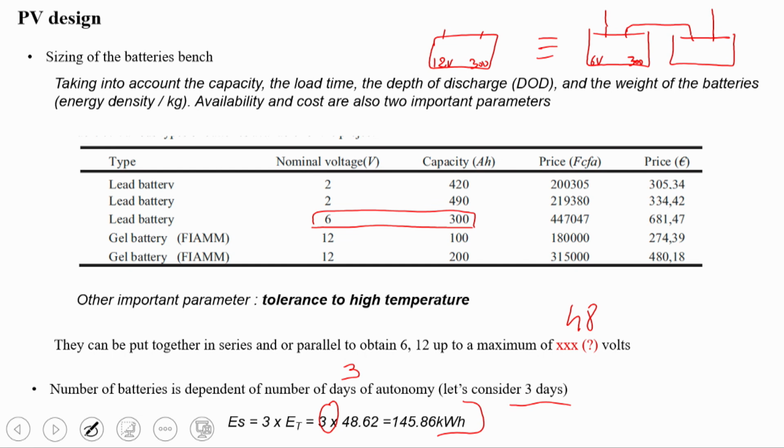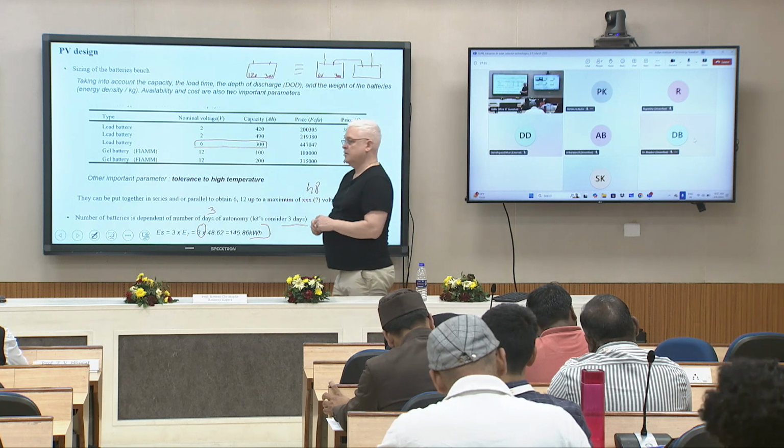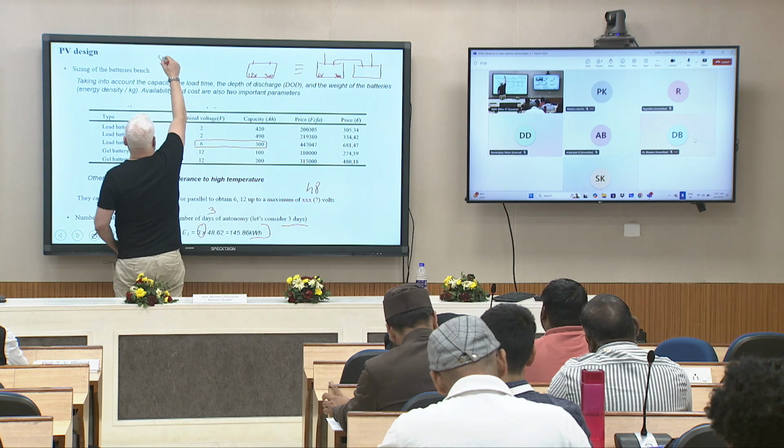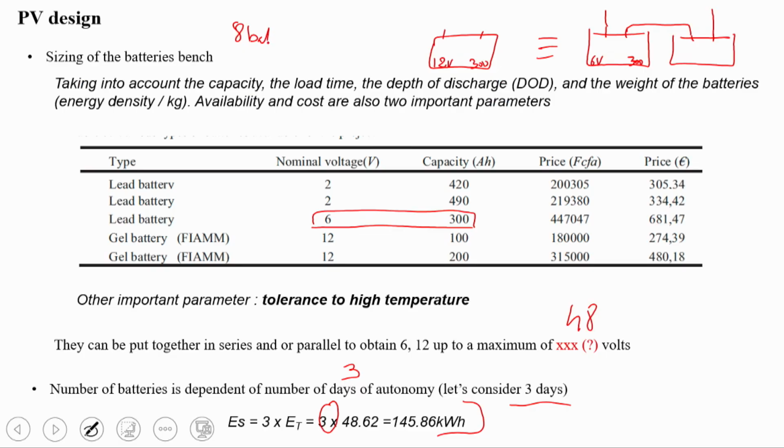Then you complete to reach your global autonomy. So we will connect 8 batteries per string to obtain a voltage of 48 volts.